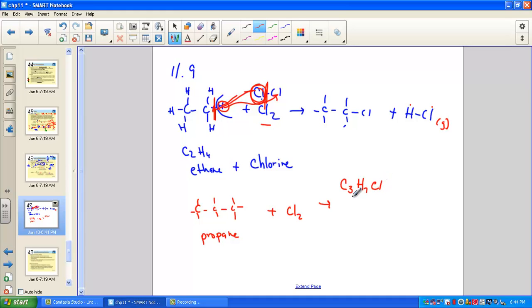Let's draw the structural formulas for these two compounds and then give the IUPAC name for the common... Oh, we could give a common name too, it says. So again, here's just pulling from our chapter 11, page 344. This is problem 11.9, in that yellow box in the center.